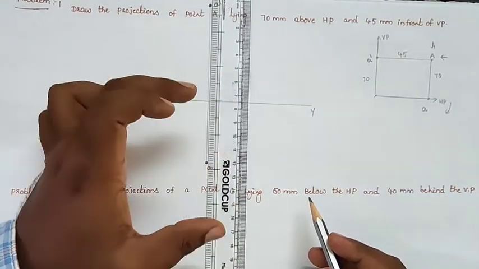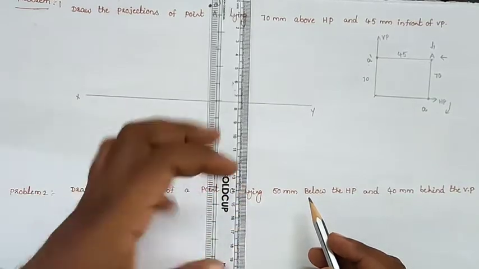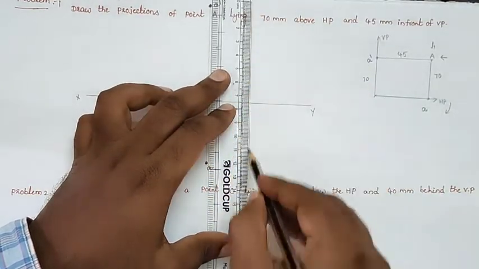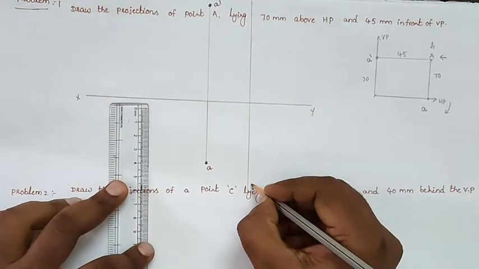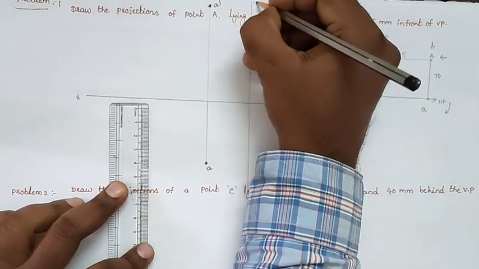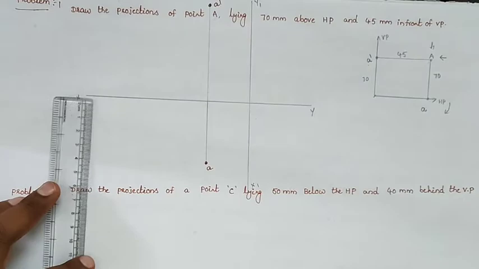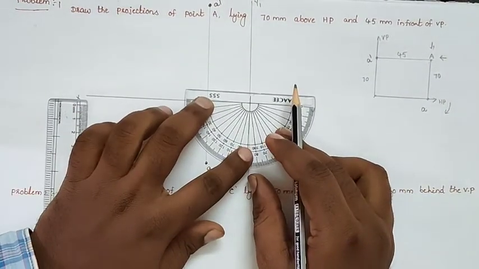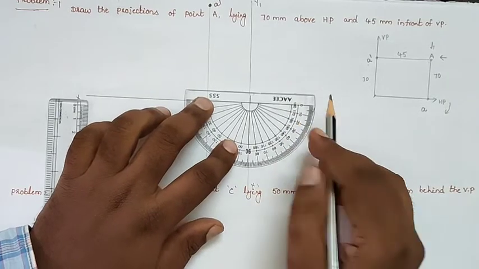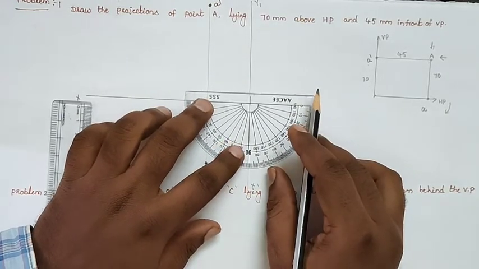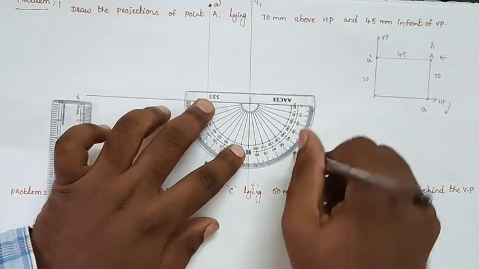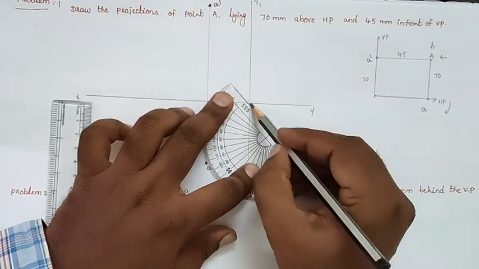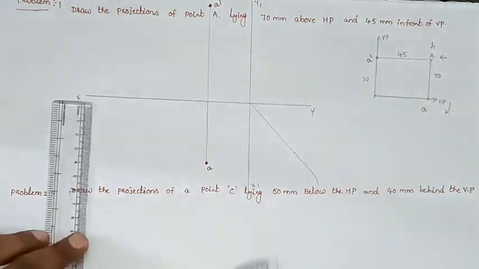For constructing the side view, at the right hand side or left hand side, we will draw another reference line X1Y1. Draw another reference line X1Y1, and from the intersecting point of X1Y1 and XY, draw the mitre line with an angle of 45 degrees.